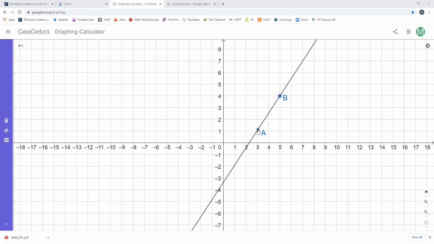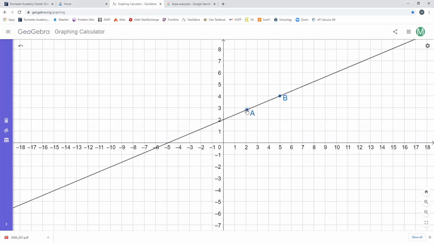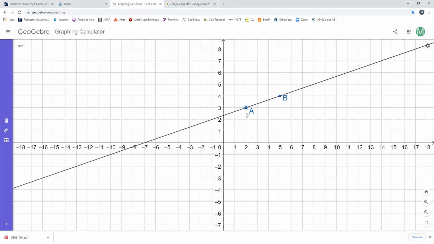Moving from A to B, we can see that we're moving up 3 points and over 2. So I want to express that as a ratio. I'm going to say up 3 and over 2, or positive 3 over 2, to express the slope of this line.